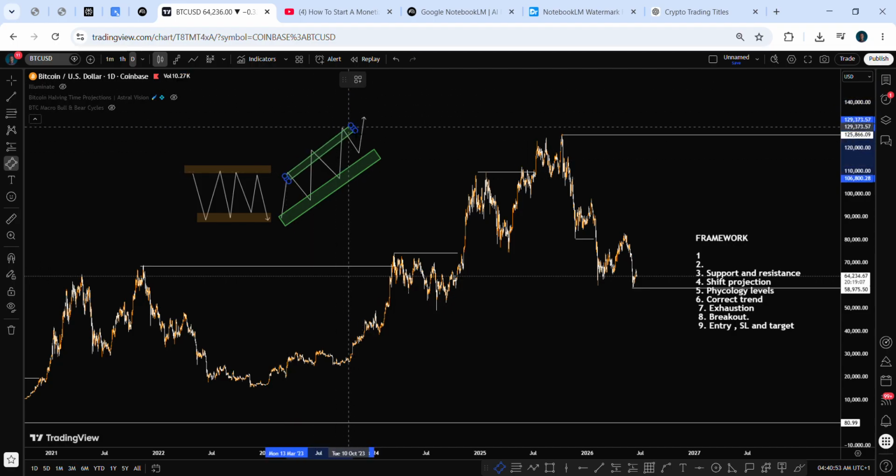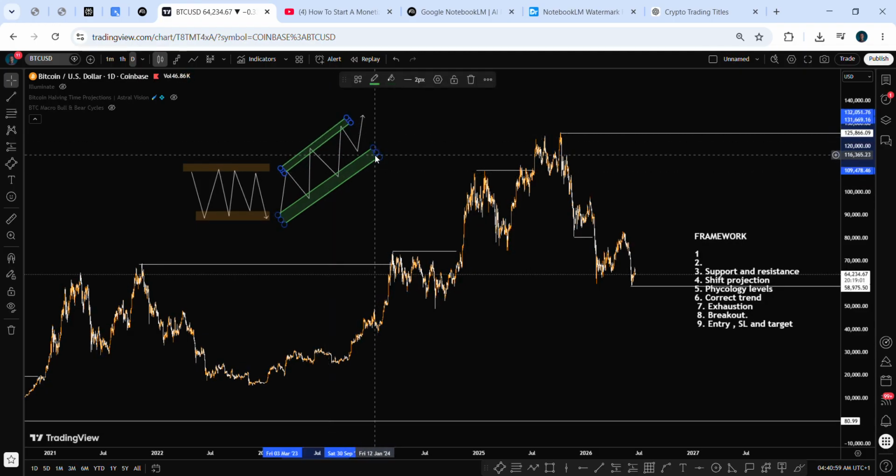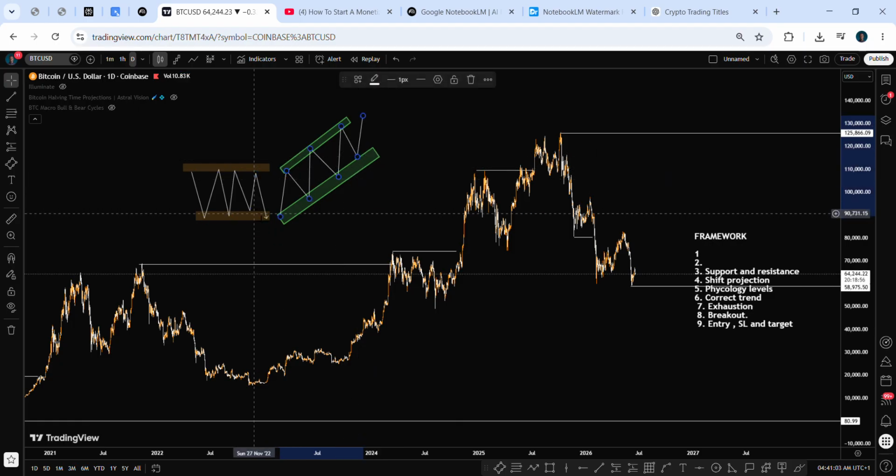So this is a resistance. This is a support. And this point is a resistance. Anytime you have a sideways, we can call it a choppy trend, or we can also call it a ranging trend.